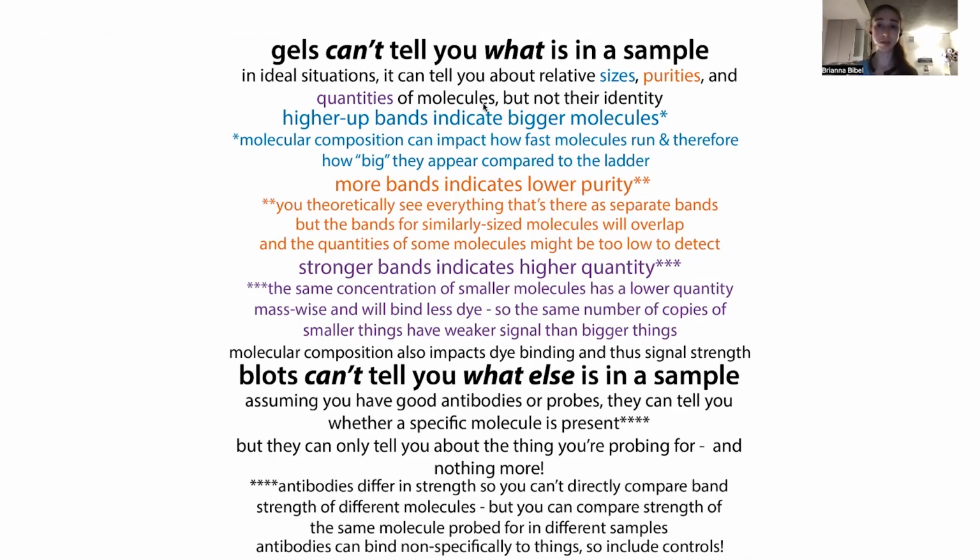The size, purity, quantity stuff is all in an ideal situation, and you have to take into account that different proteins can overlap and hide one another in your gel. You can't know for sure whether anything is actually what you think you're looking at. But these are really important techniques, so don't get discouraged by these caveats.